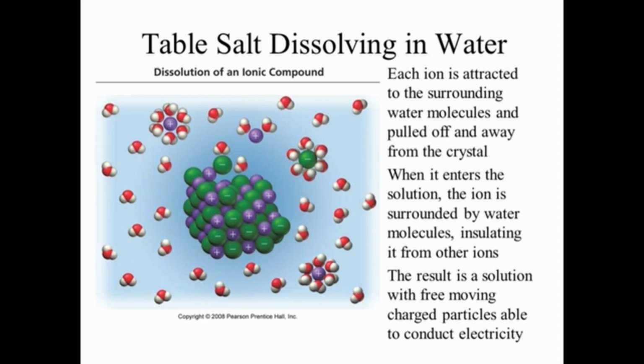Therefore, they are able to move about, and that is why salt water can conduct electricity, because it has free mobile ions, which are the sodium ion and the chloride ion, respectively. So, this is the chemistry of dissolution of salt, especially ionic compounds in water.